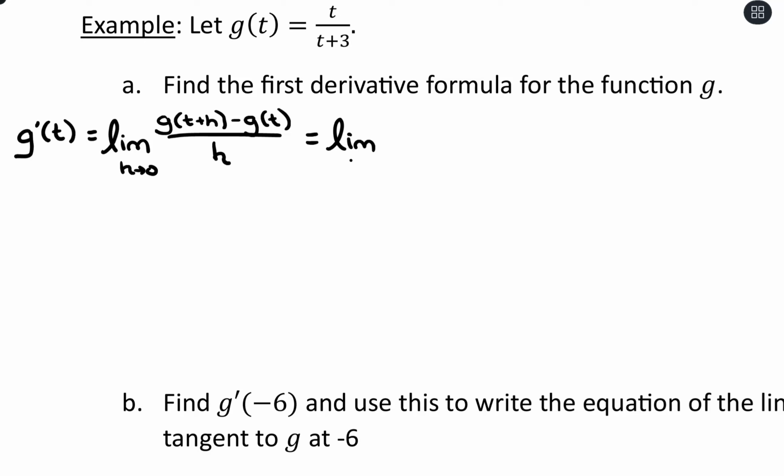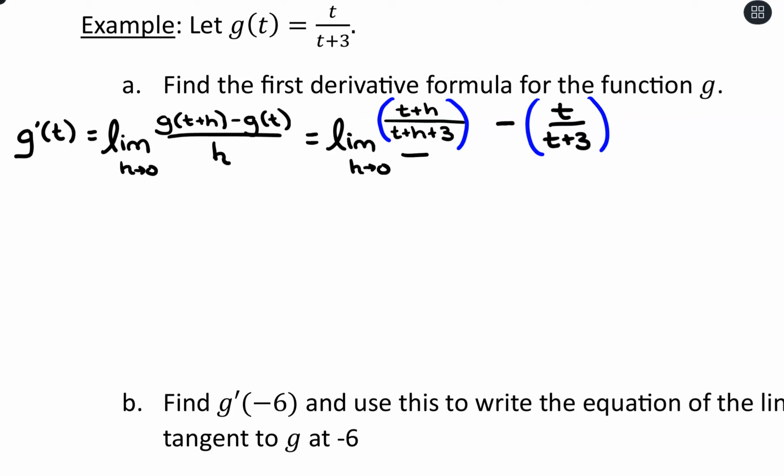So the limit as h approaches 0, and we're going to look at t plus h divided by t plus h plus 3. So there's our first plug-in, minus just our function t over t plus 3, all over h. Nothing to plug in the denominator, that'll just stay h.